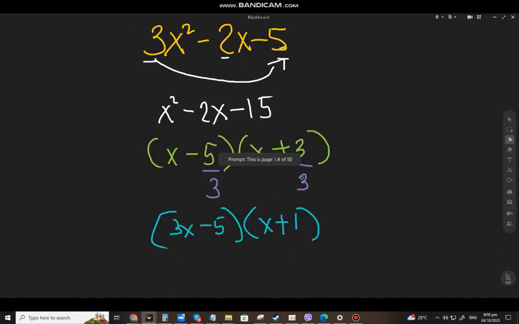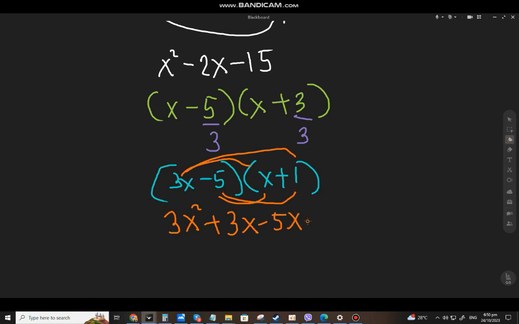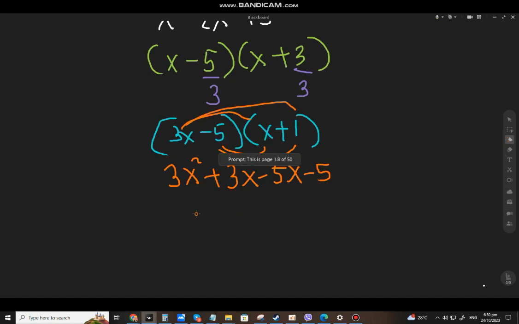That's already the factored form, but we will do the FOIL method so you will know if we got the correct answer. 3x times x will be 3x squared plus 3x minus 5x, and negative 5 times 1 will be negative 5. And this one, simplified further, is 3x squared minus 2x minus 5.